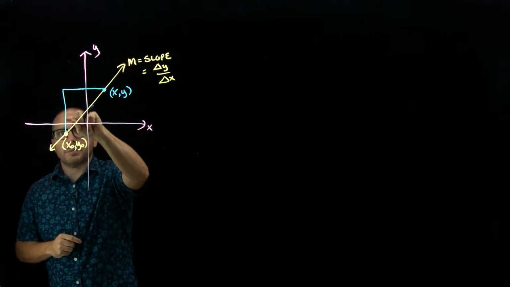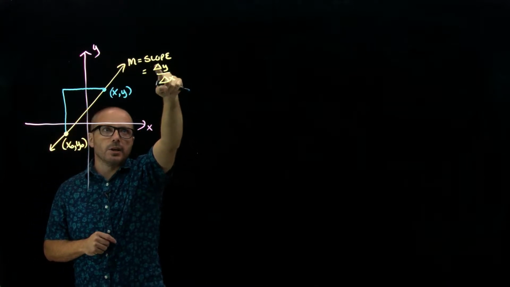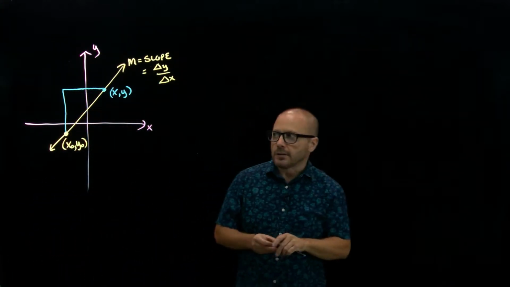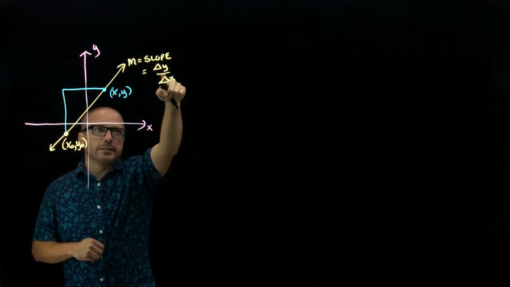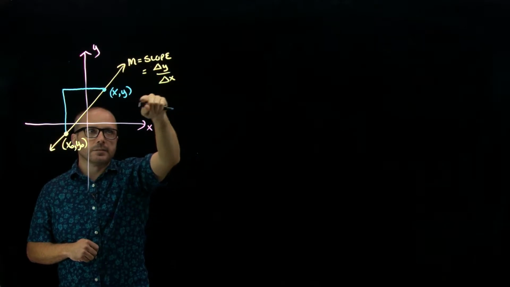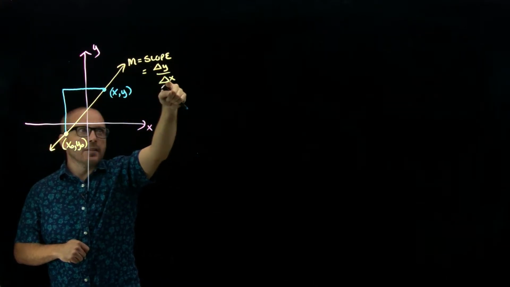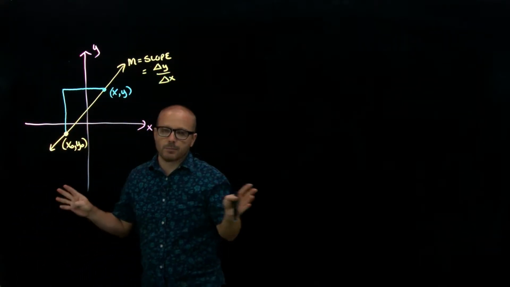Now, what's going to be true about these two quantities? Well, their ratio should be delta y over delta x. It may not be exactly that delta y or that delta x, but the ratio is always the same, right? That's the point of a line.